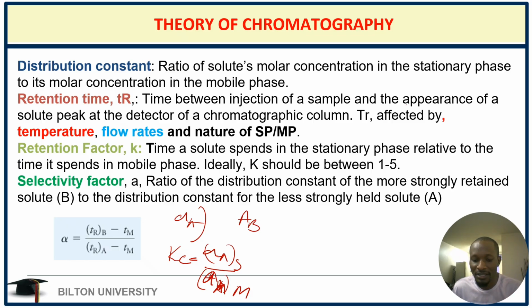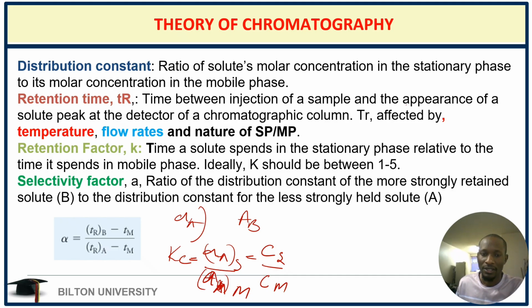Now we can represent this in terms of concentration: the molar activity in terms of concentration can be the concentration of solute A in the stationary phase compared to the concentration of the same solute A in the mobile phase.